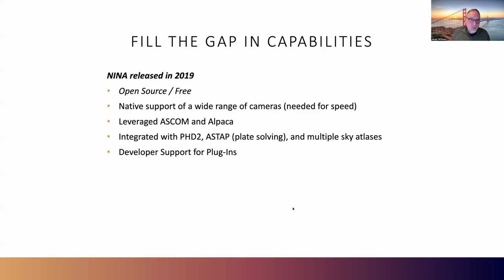ASTAP in particular is very popular within Nina because it's quick and reliable. There are a bunch of sky atlases they integrate with. They didn't try to build their own. So really the key things were that it was free and open source, that they supported third-party plugins, and that they adopted ASCOM. That made it very popular.